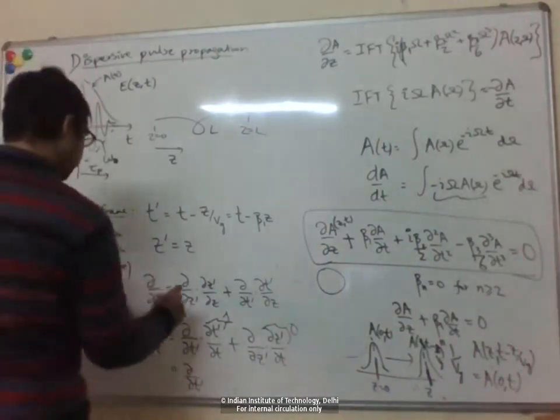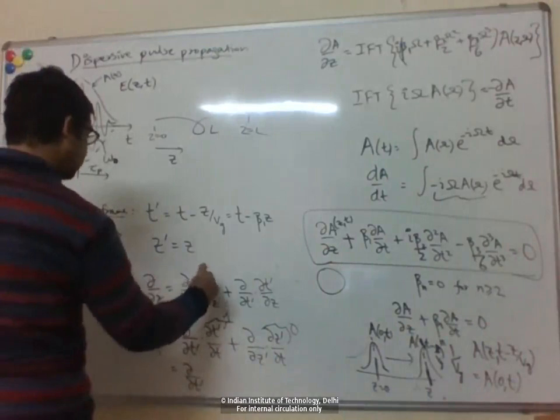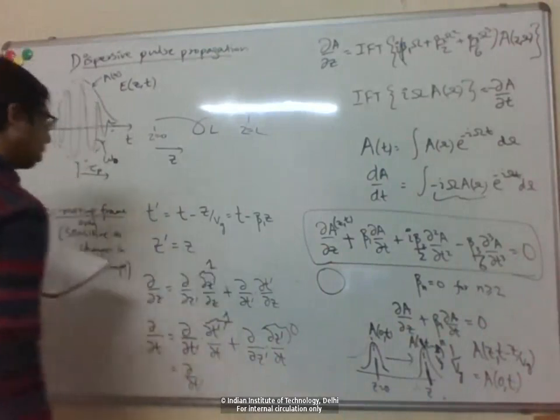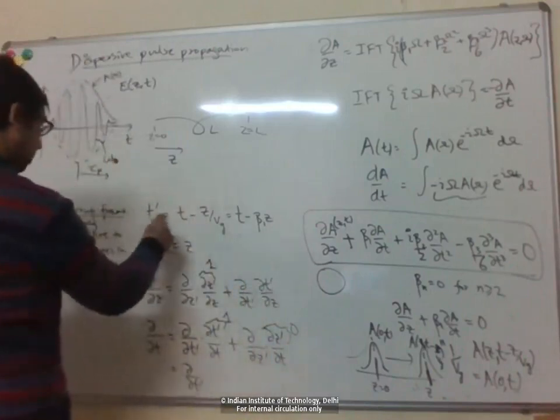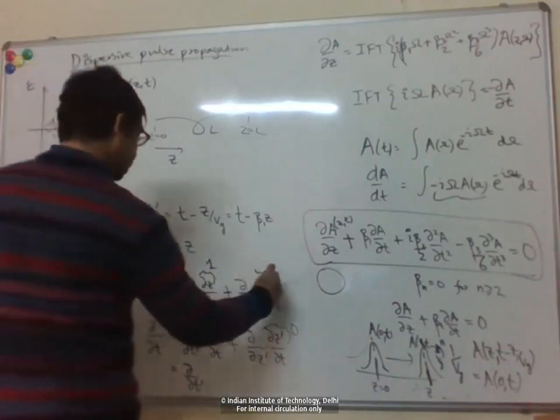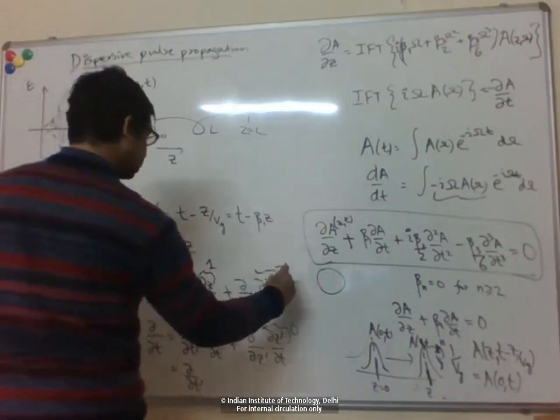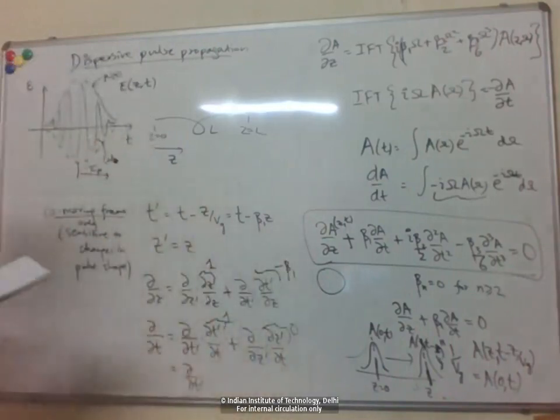And what about this term here? Del z prime by del z, that's 1. And then del t prime by del z is minus 1 over Vg, or minus beta 1.